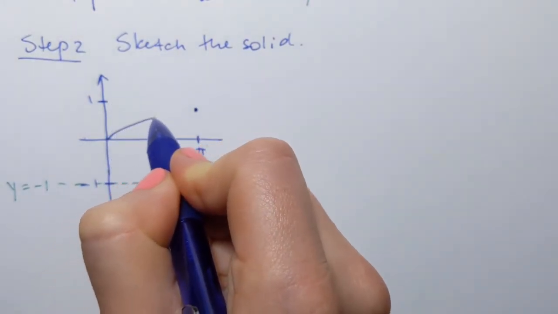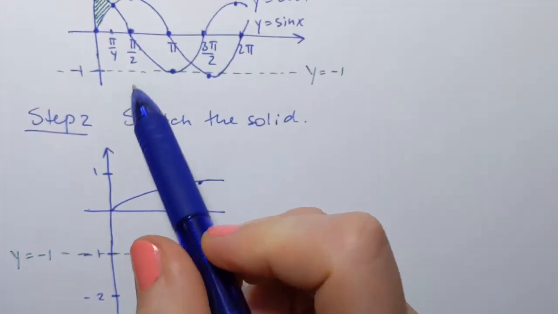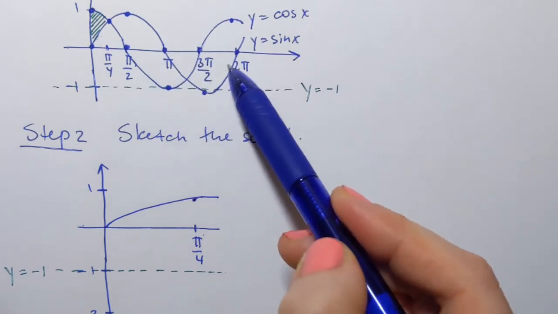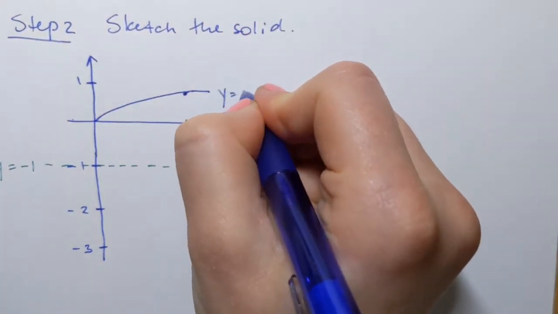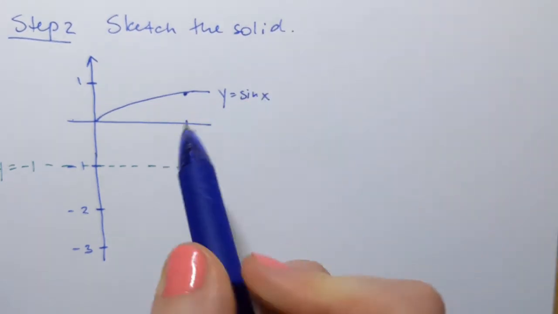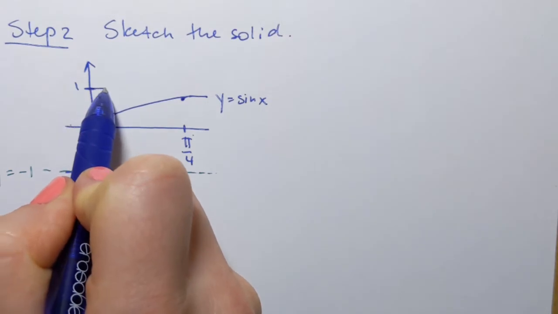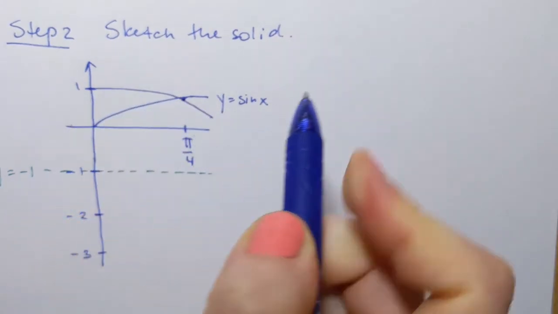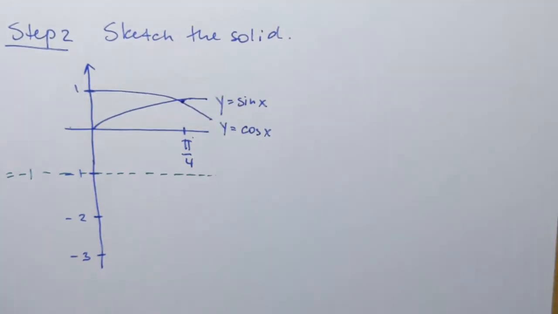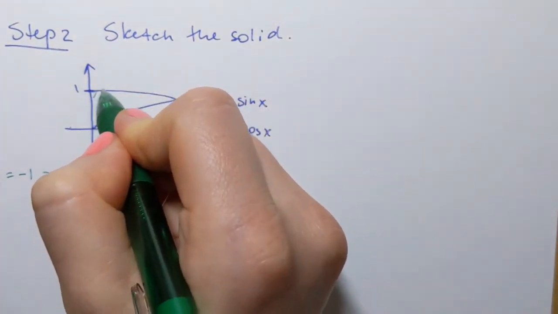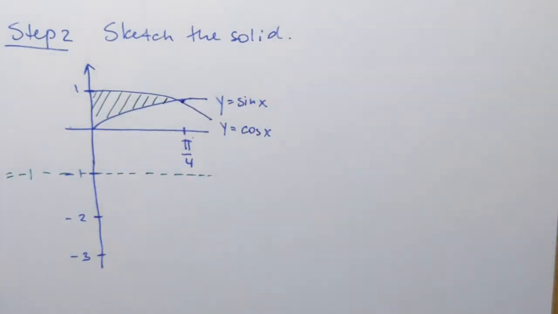So right here I'll have, that's the bottom function is y equals sine of x, and then the top one that goes like this is y equals cosine of x. Okay, so here it is. And now let's rotate.